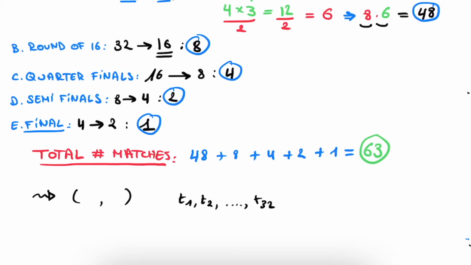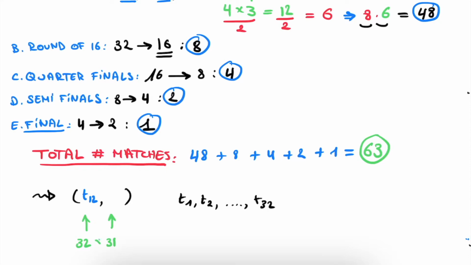Well, again, as we did before, on the first position, we have 32 choices because we can choose any team from all of the 32 teams. Let's say, for example, T12. Now, how many choices do we still have for the second position? Well, this will be 1 less, so 32 minus 1, because we cannot choose T12 again. So this will be 31 choices.